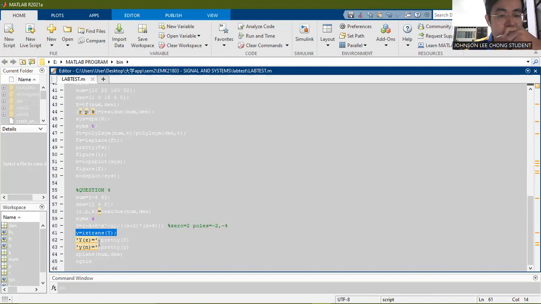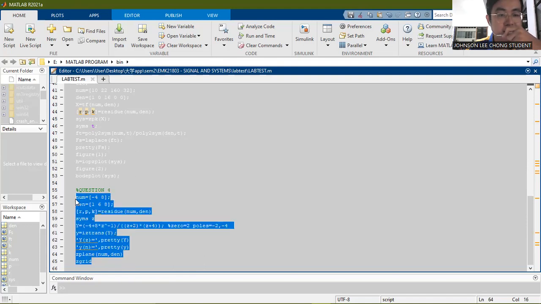This means pretty y is to find out the answer for y, but instead of using y, we use the name yz, and instead of using the small y, we use the small yn. Okay, and then the last one is to show the diagram of the numerator and denominator. Okay, let's just see the answer.